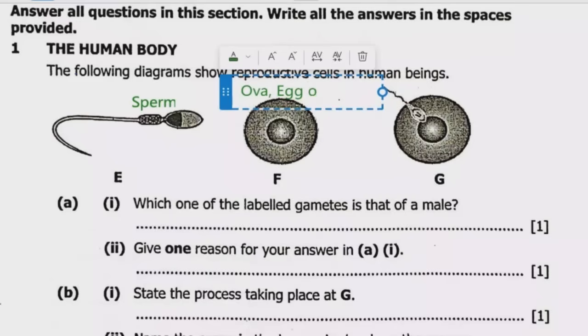So those are the three names for this part named F. The egg or the reproductive cell labeled F is ova or egg or ovum. These three answers will get you a mark. Okay, so now we can go to the questions.